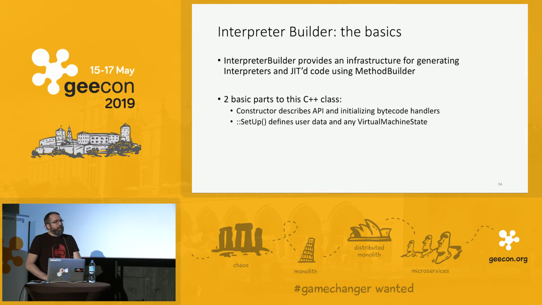For a lot of the simple bytecodes, there's no reason to have the code there twice. So I wanted to build this new infrastructure to allow you to write your code once and get a JIT for free after you wrote your interpreter. It follows along as a subclass of MethodBuilder, with a very similar set of APIs: one for constructing what your API looks like and then one for providing the code for it.